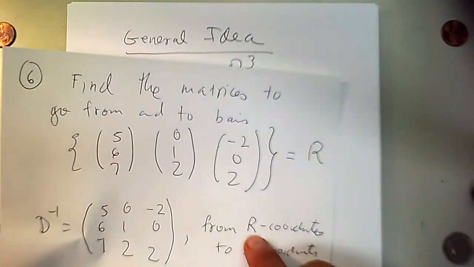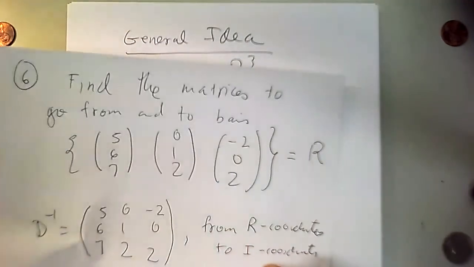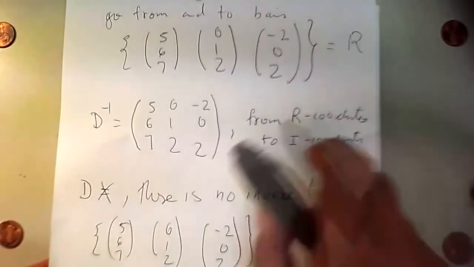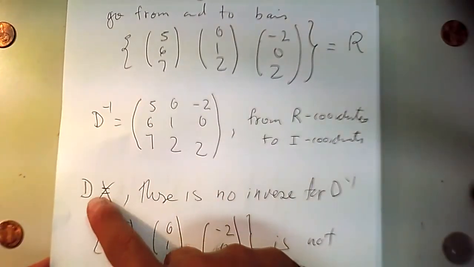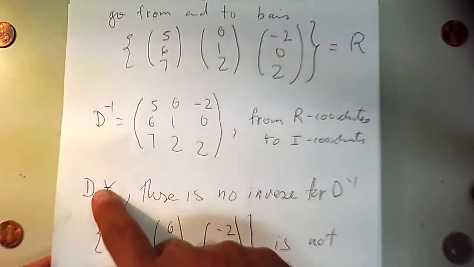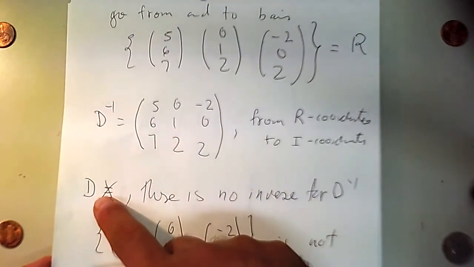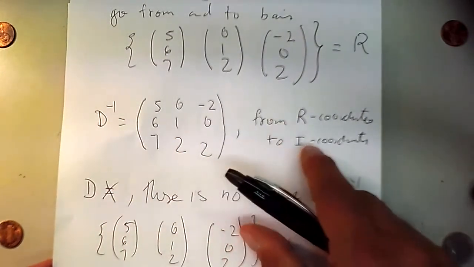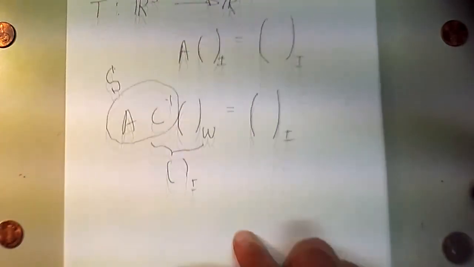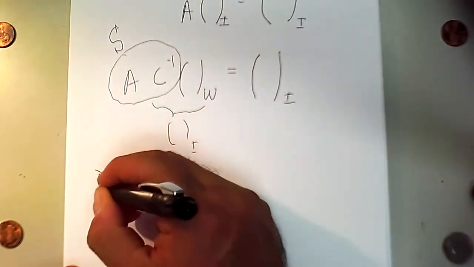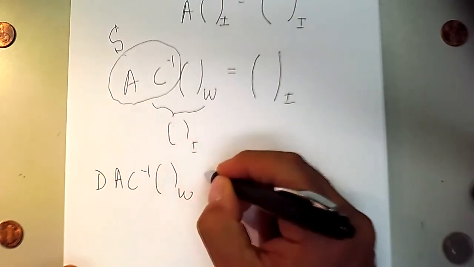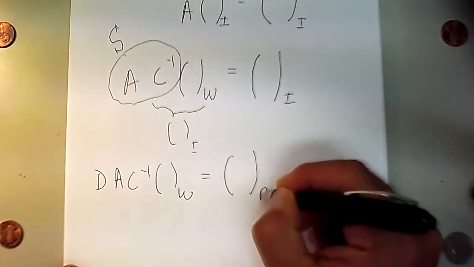Had there been a D that would have worked, then this is the matrix. There isn't, but had there been one, this is the matrix we would be using, which is the inverse of that, to go from I coordinates to R coordinates. So we can apply D A C inverse to weird coordinates to get the answer into R coordinates.